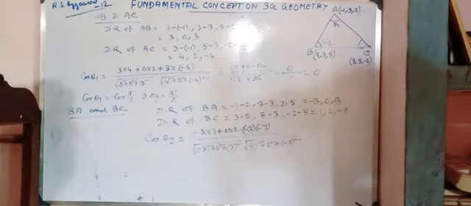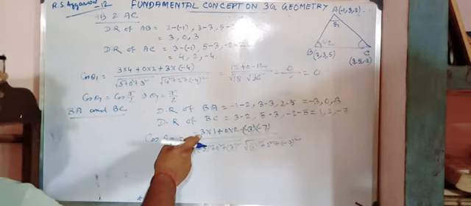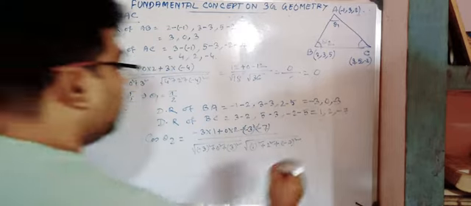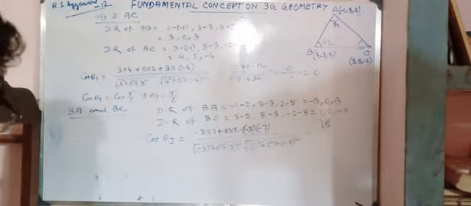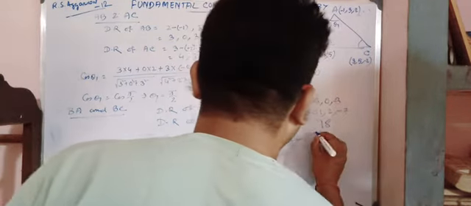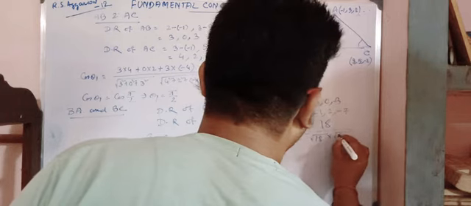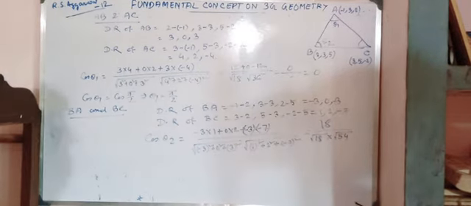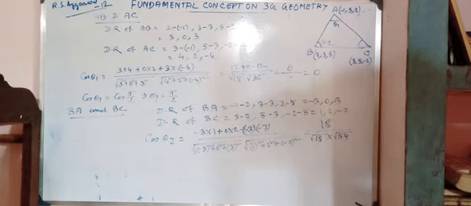So now this is 21 plus 21, this is minus 3. So plus 21 minus 3 means plus 18. 18 should be there. And this is root 18, and this is root 54. Understood that?